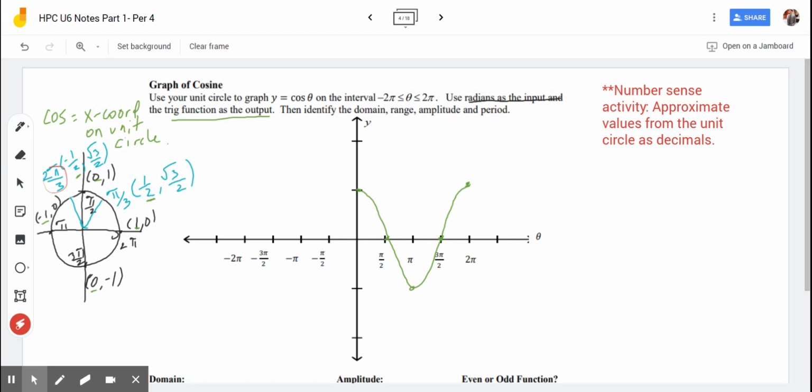So take a second to estimate 2 pi over 3, and you're probably thinking 2 times 3 divided by 3, so it's about 2. So this is about 1.5, this is about 3. At about 2, it's about here, a little bit past 1.5. We're at -1/2 on that coordinate there.